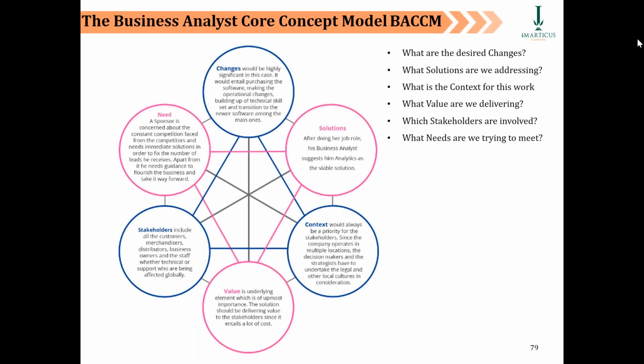Need. I'm giving you a holistic understanding of the components of this model. Need: a sponsor is concerned about constant competition faced from its competitors. Needs an immediate solution. So apart from that solution, he needs guidance on making the business go further.